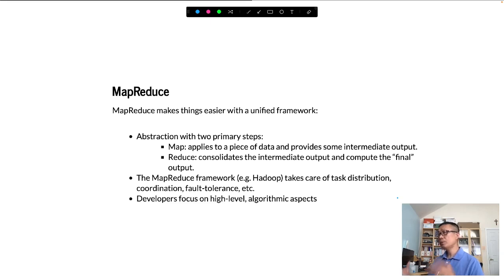So things can be implemented in the mapper and reducer mechanism without worrying about the underlying mechanism for task distribution, coordination, and fault tolerance. Because the framework, such as Hadoop, will take care of all that. And so you can focus on the high-level analytics task. And so developers can focus on high-level tasks and the algorithm development, implementation and testing, right?